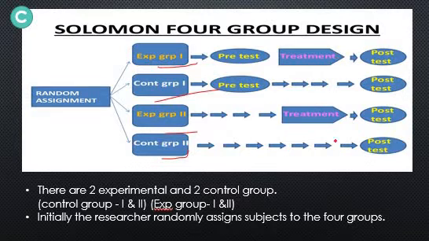Finally, all four groups receive the post-test, where the effect on the dependent variable is observed, and a comparison is made of the four groups to assess the effect of the independent variable, that is, the experimental treatment, on the dependent variable.